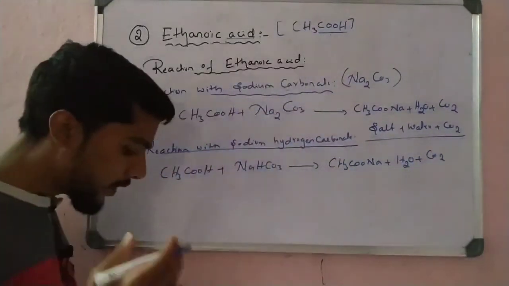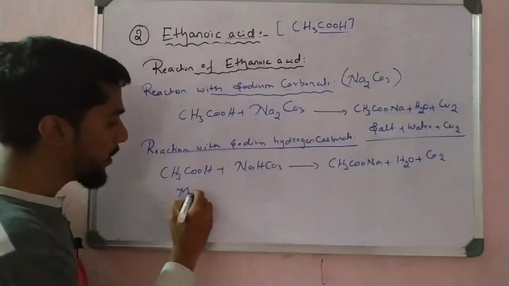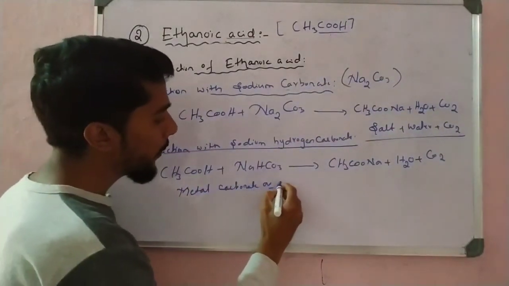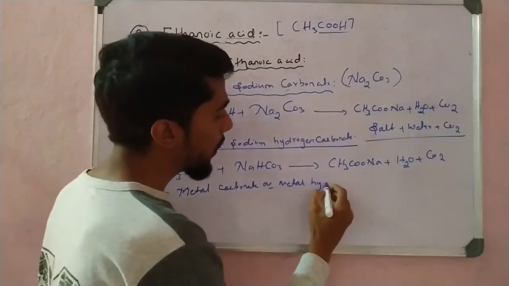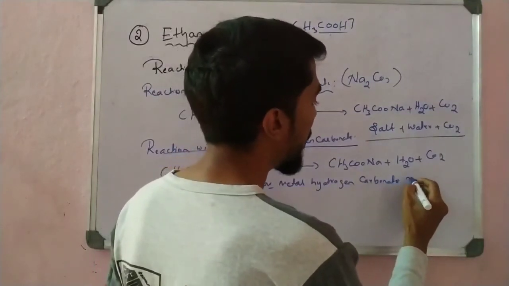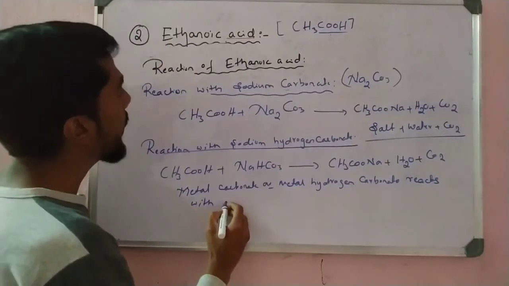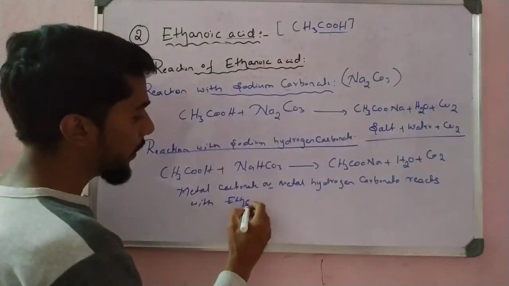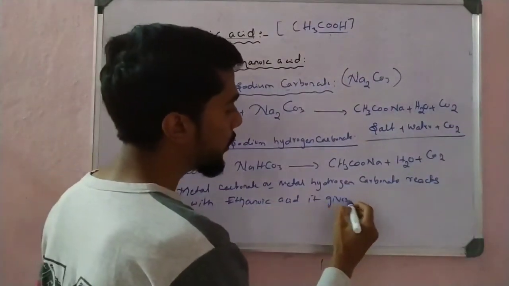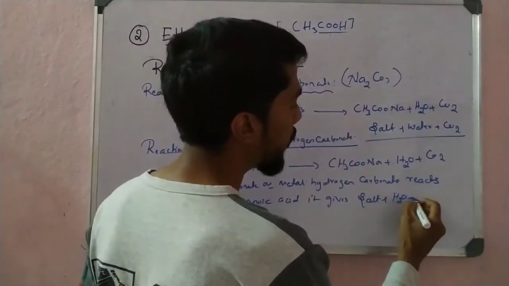So what do we learn here? We learn that when metal carbonate or metal hydrogen carbonate reacts with ethanoic acid, it gives salt plus water, H2O, plus carbon dioxide.